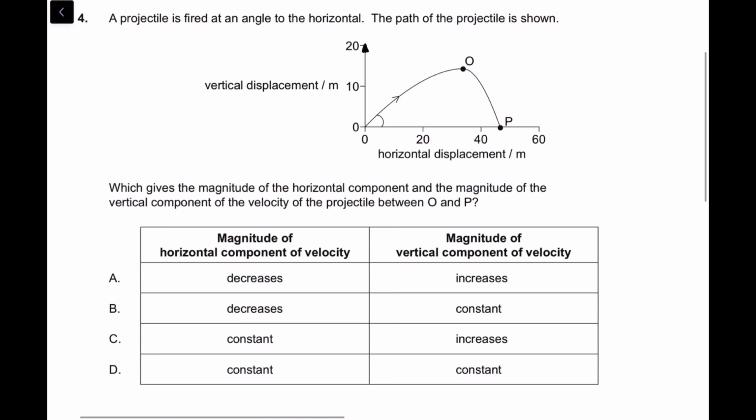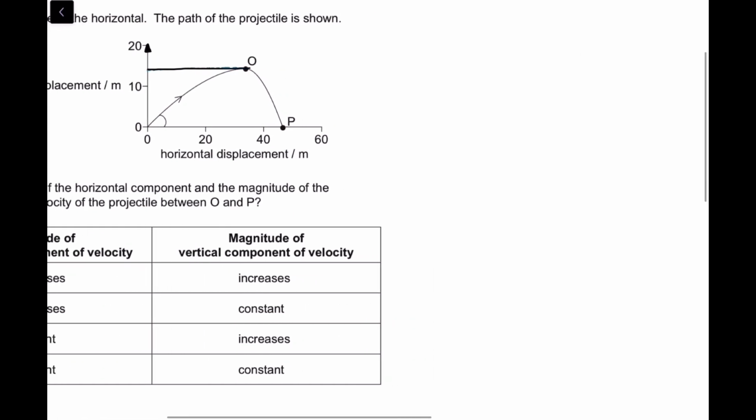See, is the point O the maximum possible vertical displacement? Yes, because above point O, there is no vertical displacement, right? See, over here, suppose I have a projectile that I have thrown, okay? What does the projectile do at the highest most point? Does it go up further? No.